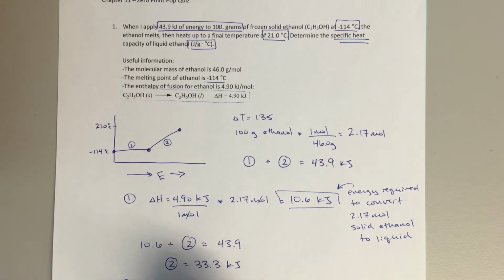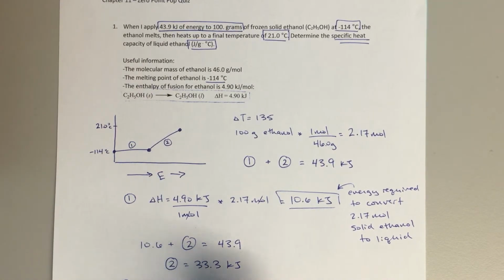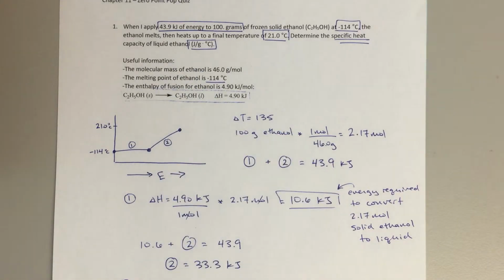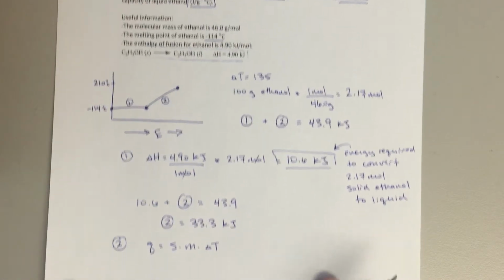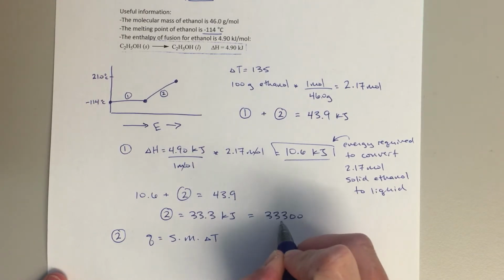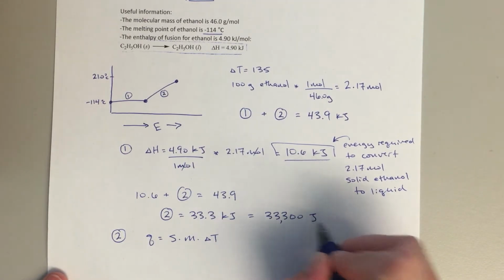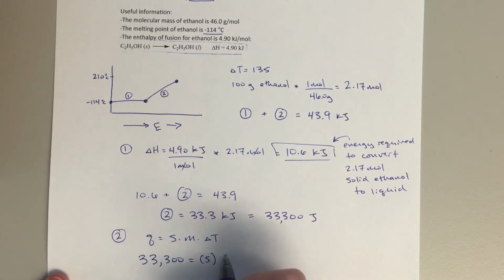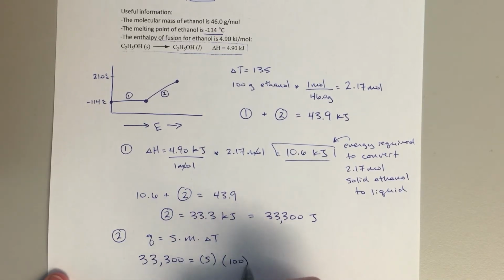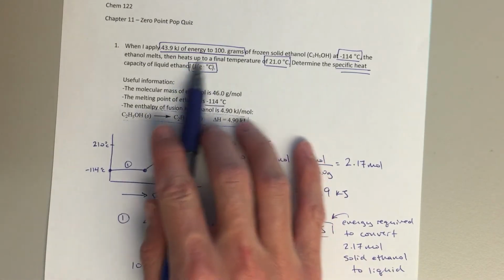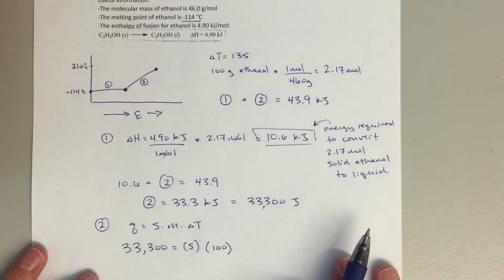So for 2, Q equals S times M times delta T. Now we're looking for S in terms of joules. So I'm going to convert this 33.3 kilojoules into joules, which equals 33,300 joules. Okay. So now for my last step, 33,300 joules equals S, my unknown, times my mass, which is 100 grams, times my delta T, based on the units for my S value: grams and then degrees Celsius.